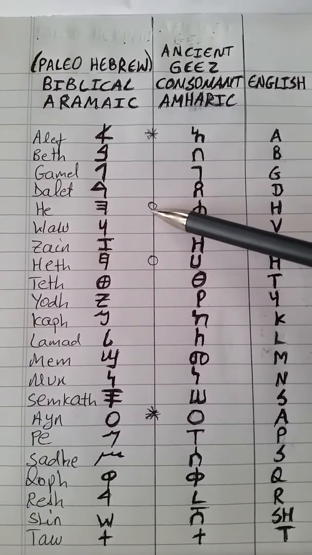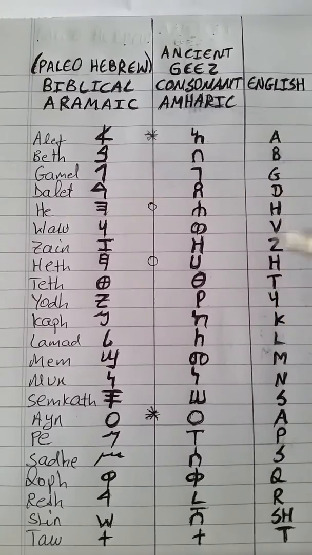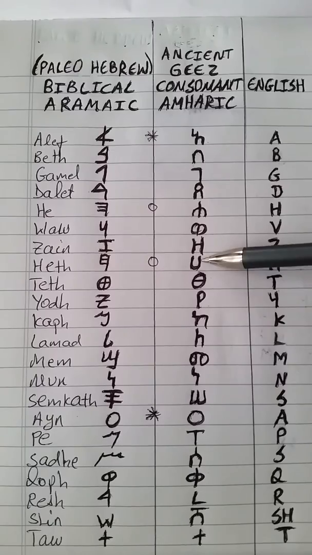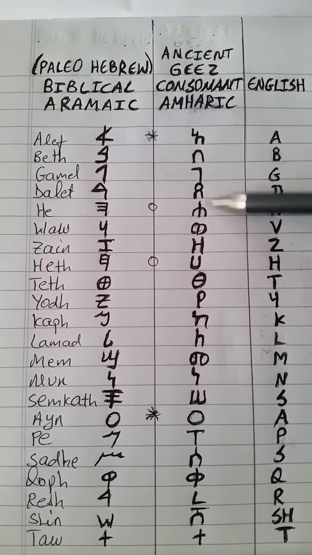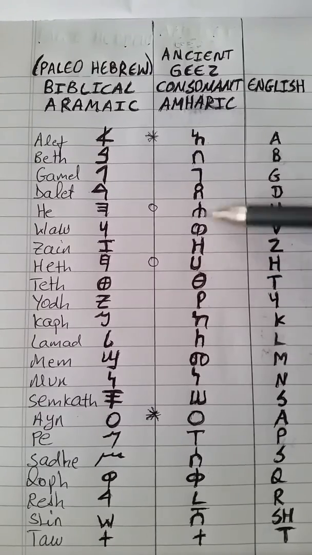And it's represented in both the Aramaic and Amharic twice, the H sound. He, het, ha, ha. In Amharic or Ge'ez, we call this hamaruha, and we call this haletauha in order to differentiate it.